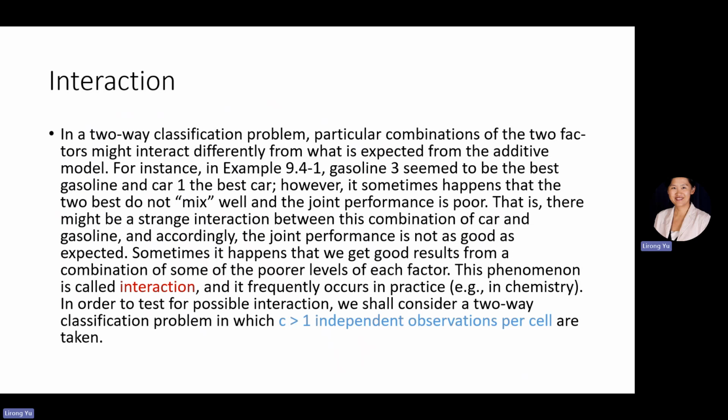But when you mix them together, there may be an interaction. When you combine both factors, the one that performs the best may not be gasoline 3 with car 1; maybe it's one of the other combinations. That's the reason we want to study the interaction between different factors. That's the joint performance.